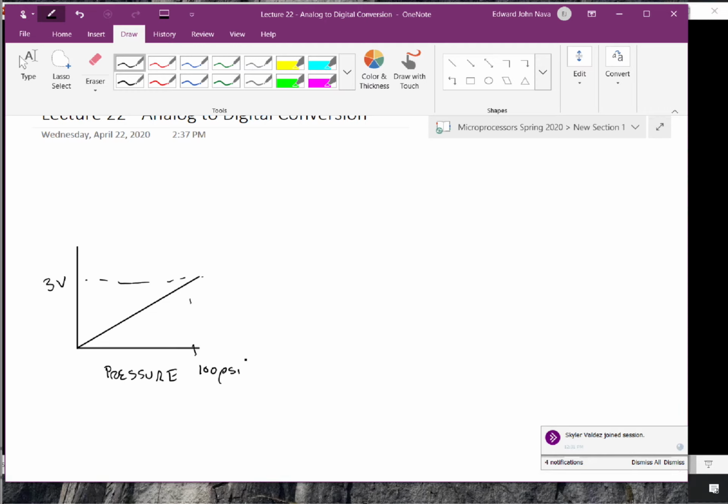And now what I want to do is I want to sample this system. So I might want to sample it with a system that has 1,000 or 1024 possible levels.